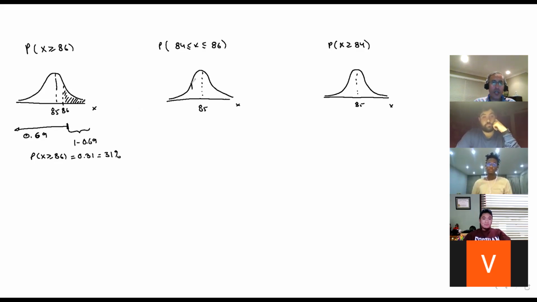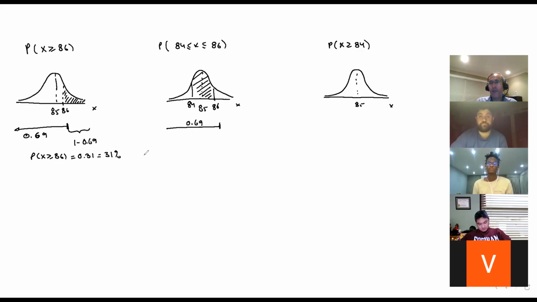So this one here, I'm asking for between 84 and 86, correct? So I'm going to be interested in this region here, right? Now, if you go to Excel, we already know 86. From minus infinity up to 86, this value is 0.69.